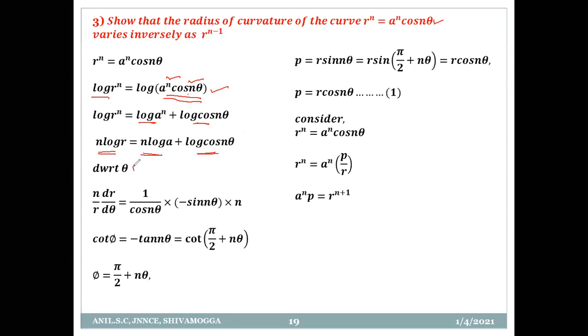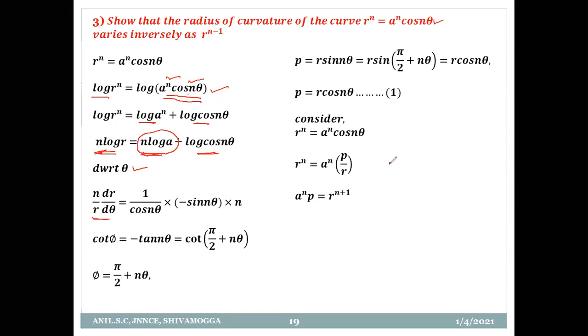Now differentiate both sides with respect to theta. Here n is a constant, keep it as it is. Derivative of log r is 1/r into dr/d theta. Here n log a is a constant, its derivative must be 0.